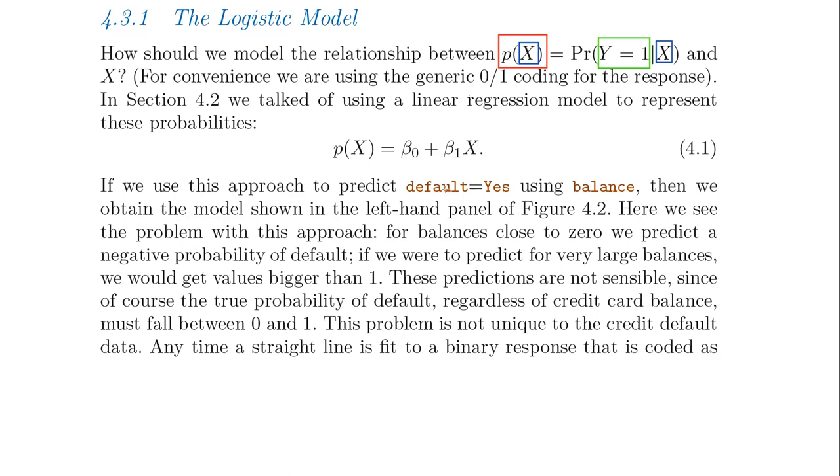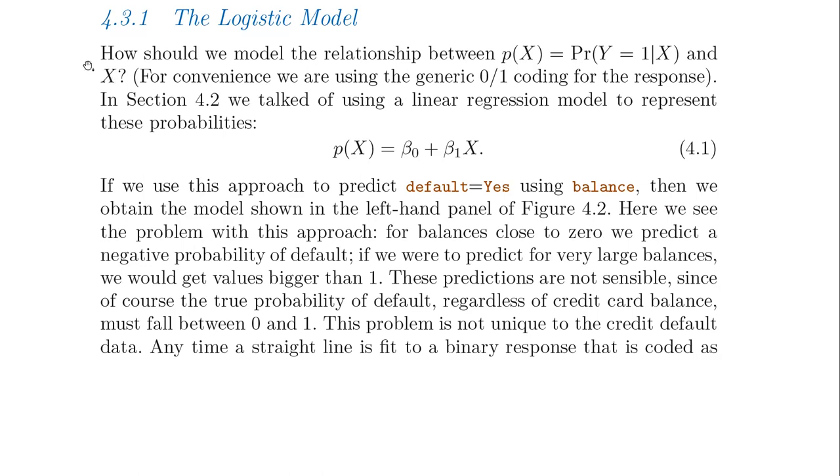And we want a relationship. This is the whole thing about statistical learning: you want a relationship between the probability of default given X and X. And we're expecting the larger the loan, the higher the probability of default.